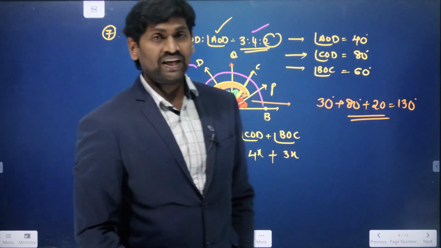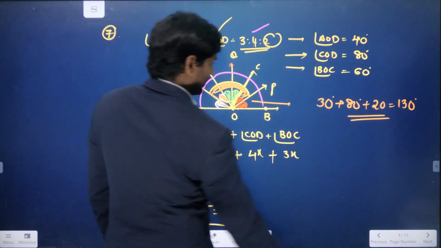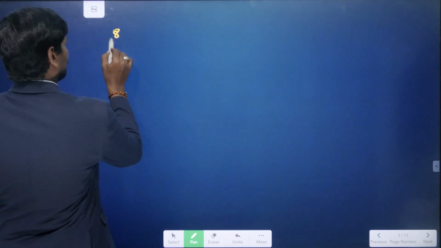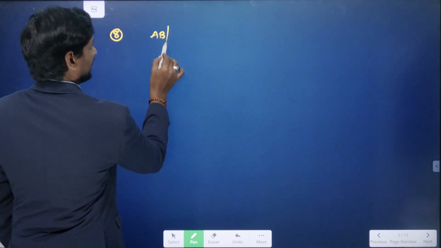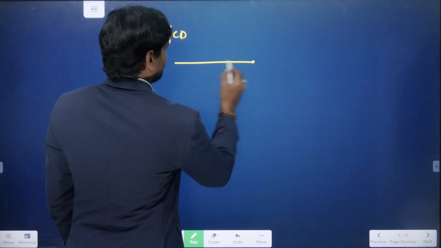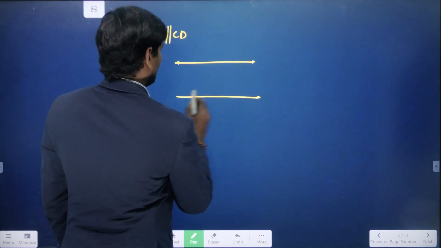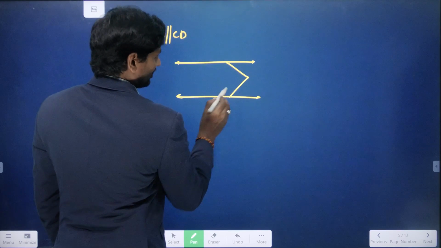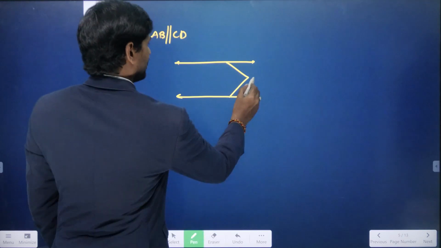Problem number 8: AB is parallel to CD and P is any point as shown in the given figure. So here P is given.